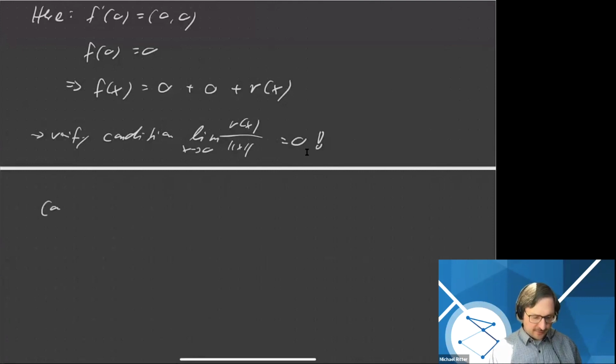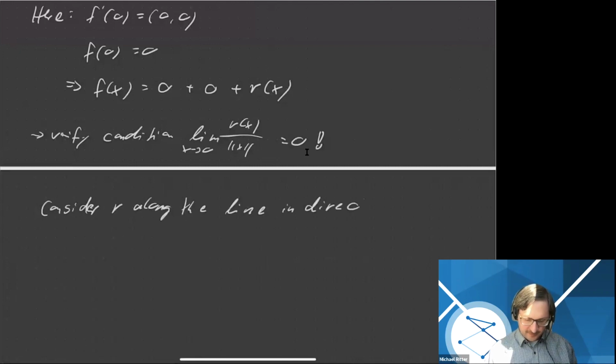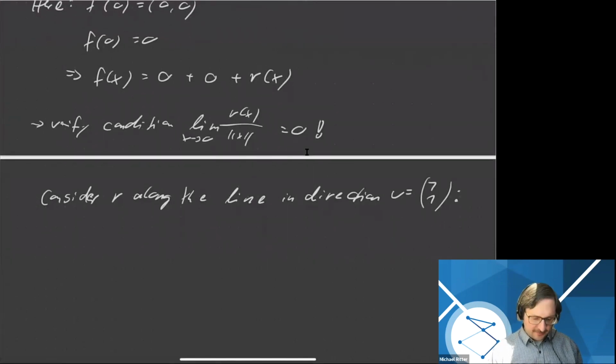Okay, so consider r or f along the line, let's just say in direction v equals (1, 1). Okay, what happens then?